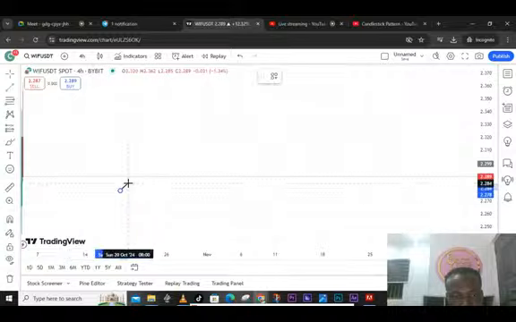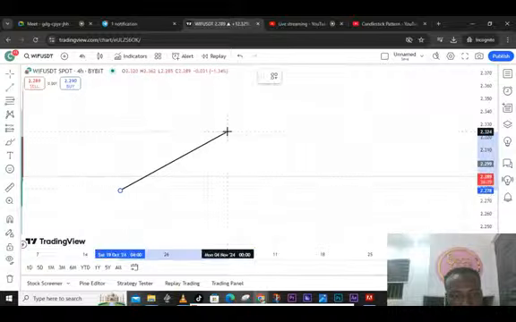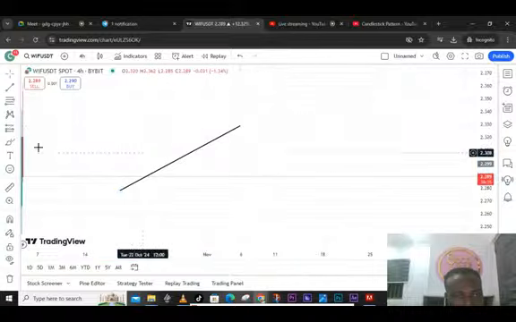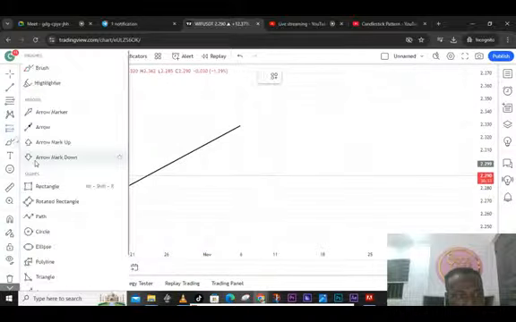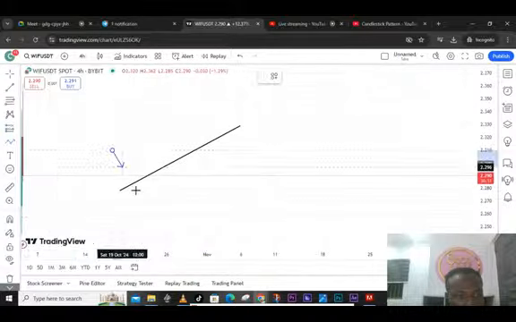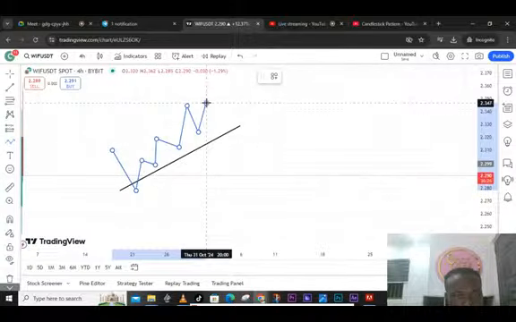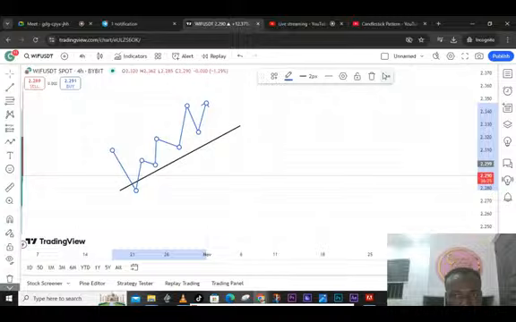Rule number three, it must be sloping upwards, below the candlestick. So let's say this is the candlestick. It must be below this candlestick. It must not be above.